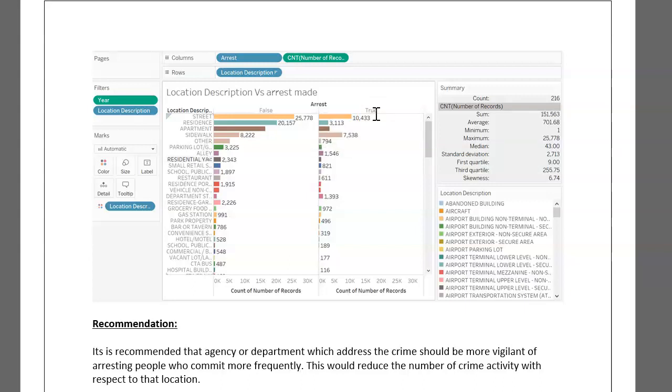So this in turn tells the cops or the investigation officers that they need to be more vigilant in arresting or interrogating and investigating the crime doers. Possibly more interrogation needs to be done in order to reduce crime in upcoming years.